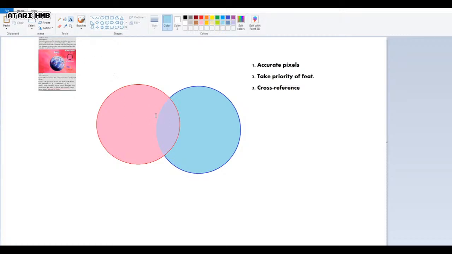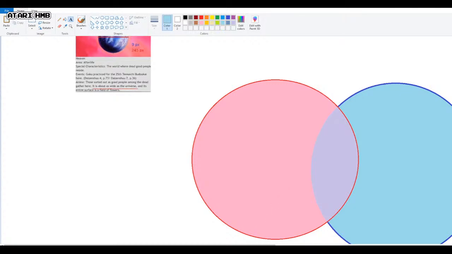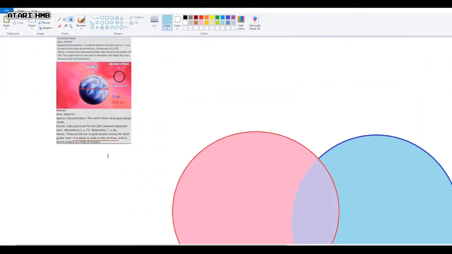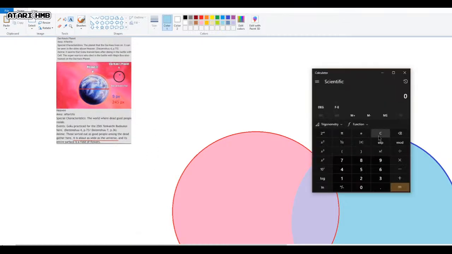So what do we have that isn't in favor of Kid Buu being at this level? So we know the Daikyo planet is stated to be orbited above heaven. Now, pixel scaling from this perspective and the 9 pixels here, oh boy. If like the Milky Way was, let's say, 93 billion light years in diameter, all I have to do is divide it by 245, and that's pretty much every pixel.